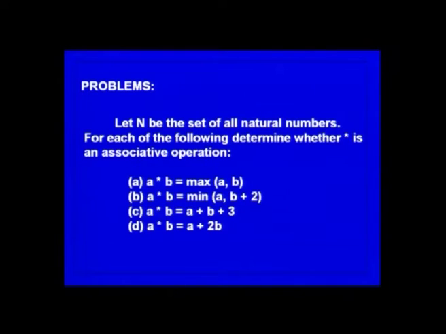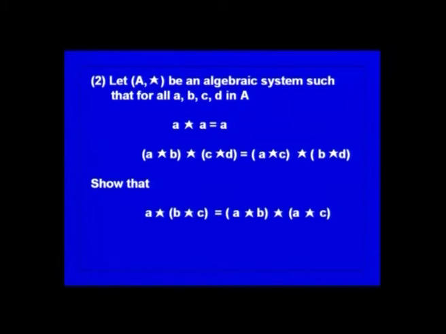Let us consider one more example. Let (A, star) be an algebraic system such that for all a, b, c, d in A, a star a is equal to a, and (a star b) star (c star d) is equal to (a star c) star (b star d).